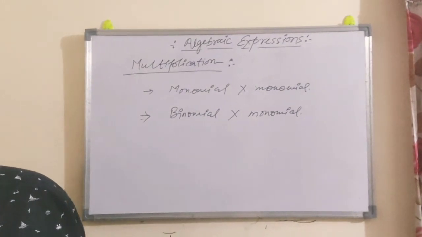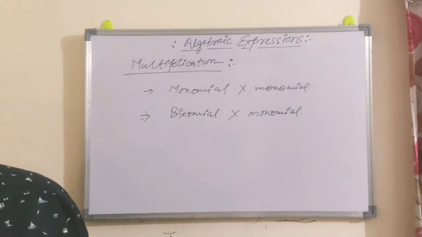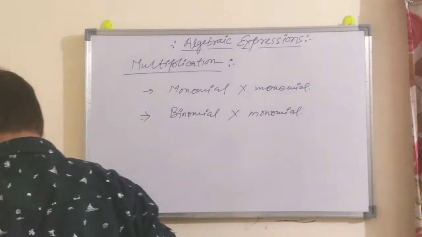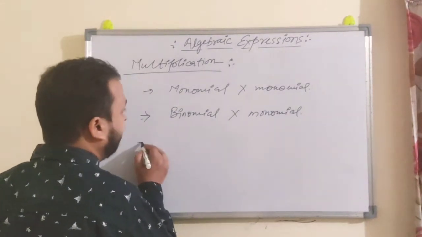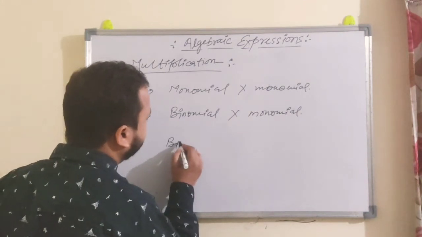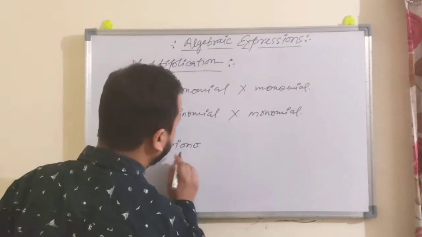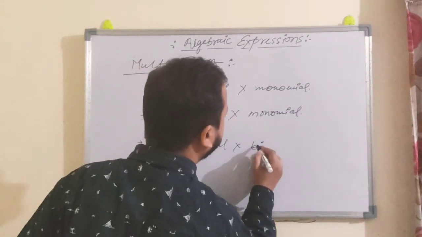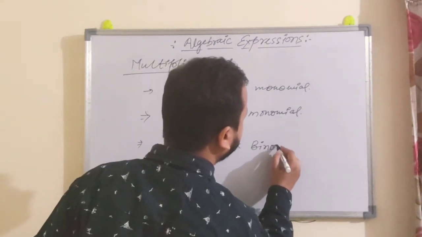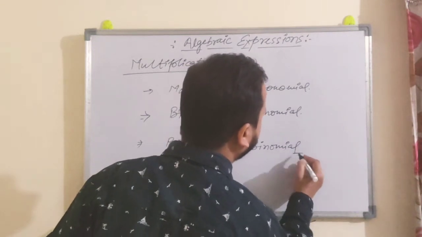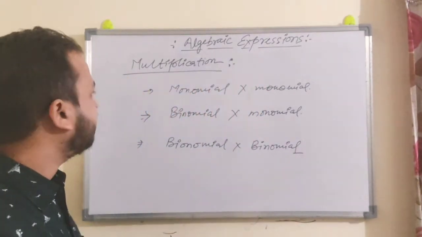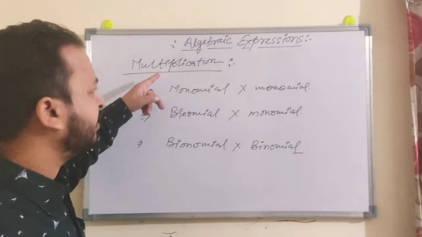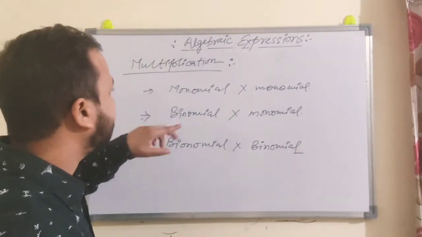And the third one is multiplication of a binomial to a binomial. So these three types we have to study under the multiplication of algebraic expressions.